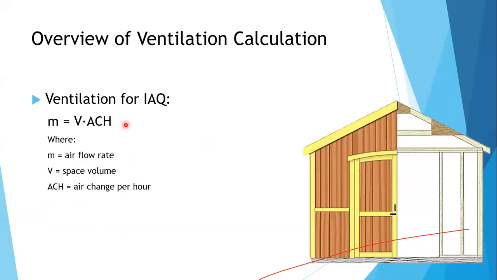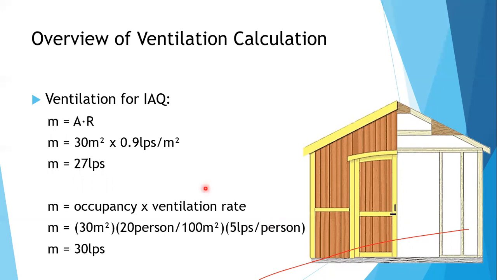There's another equation. This equation is the flow rate equal to the volume of the space times the air change rate. Previously, we were just considering the floor area of the space. Area only, regardless of how high or how big this wood shop is. We are only considering its horizontal plane.